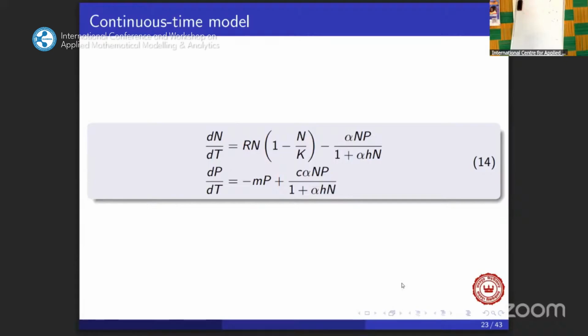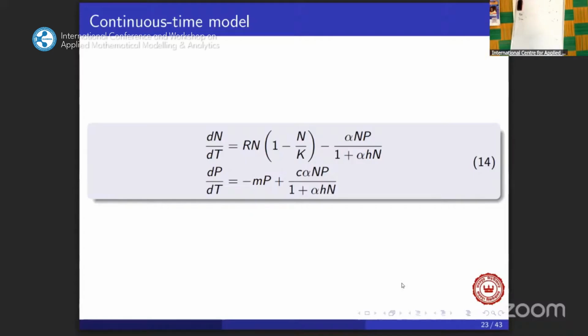What is the dimension of the left side? The left side dimension is population per time. The left-hand side and right side are equal when the dimension is the same.